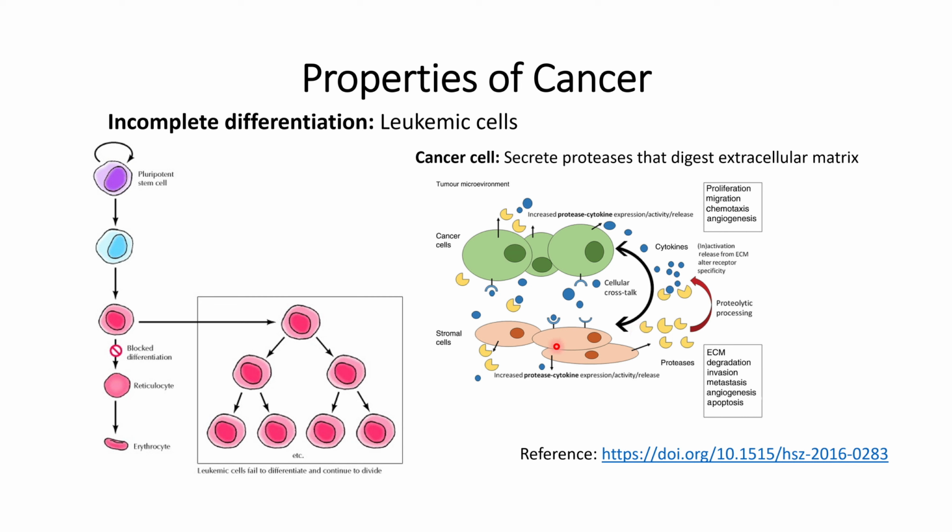And these are the stromal cells, usually also known as connective tissue cells. There is a crosstalk going on between cancerous cells and stromal cells, and whoever dominates will be able to survive.